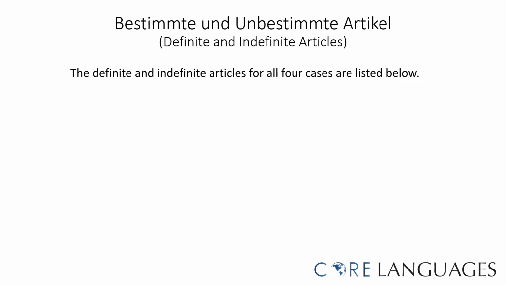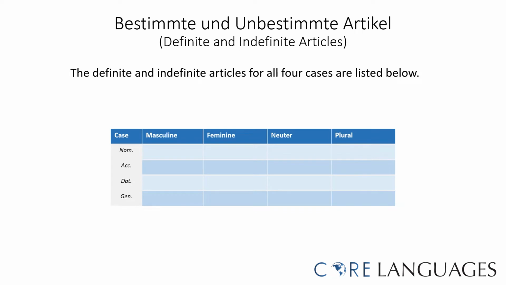When talking about nouns, we most frequently use either the definite or indefinite articles, bestimmte and unbestimmte Artikel. It is essential that we know the different articles for the different cases. Remember that an article changes based on gender and case. The nominative articles are der, ein; die, eine; das, ein; die, and keine.